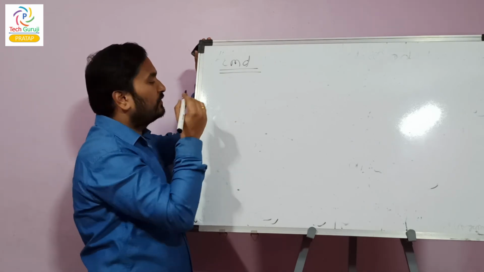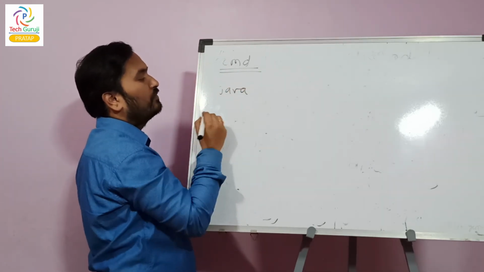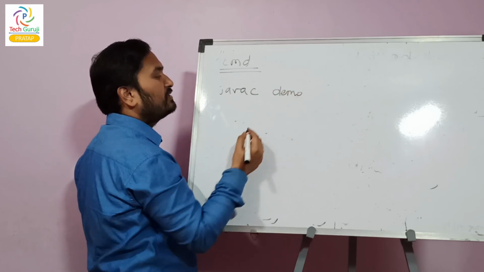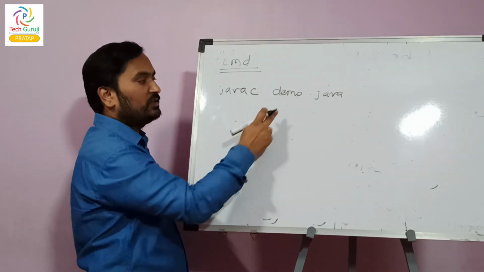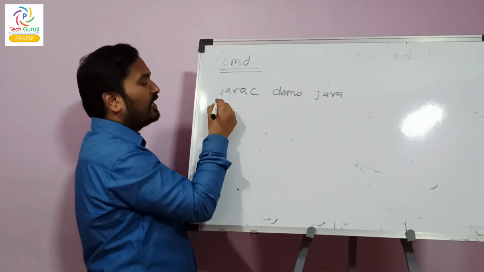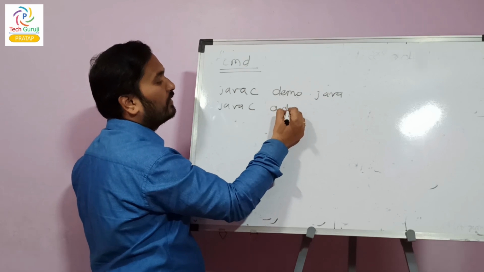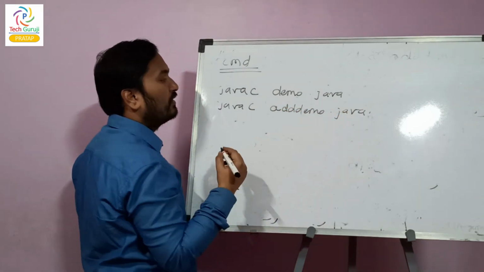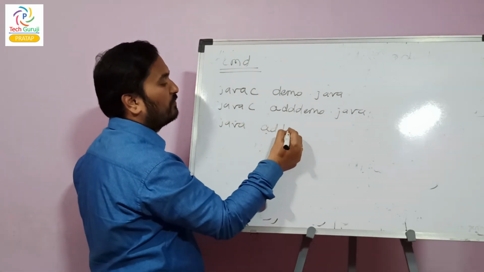First step, we have to compile the demo class, demo.java. We can't run it because it doesn't contain a main method. After that, we have to compile our add demo class, .java, and we have to run add demo.